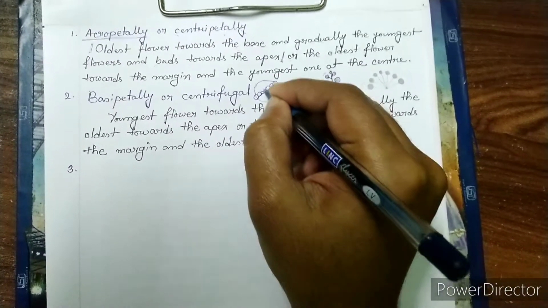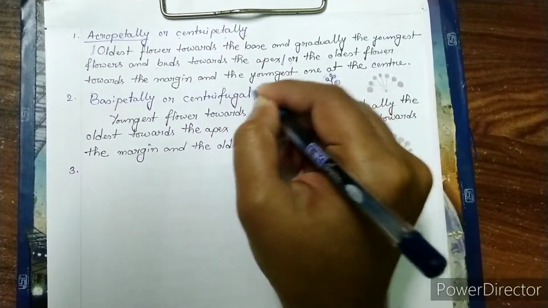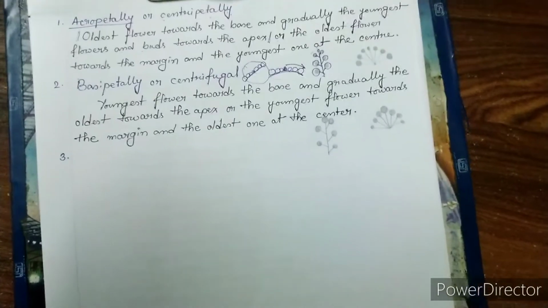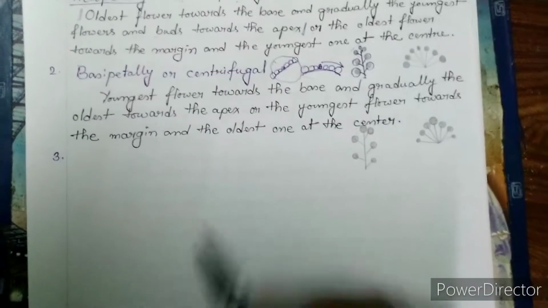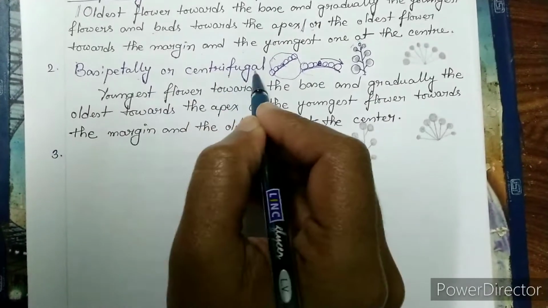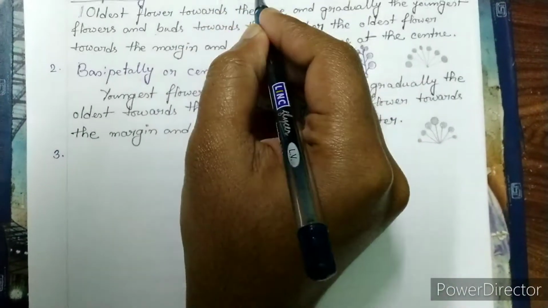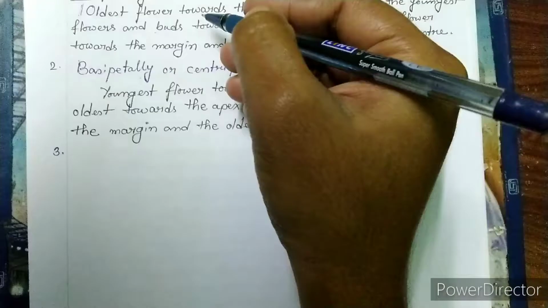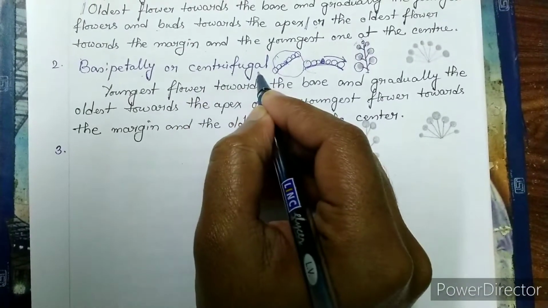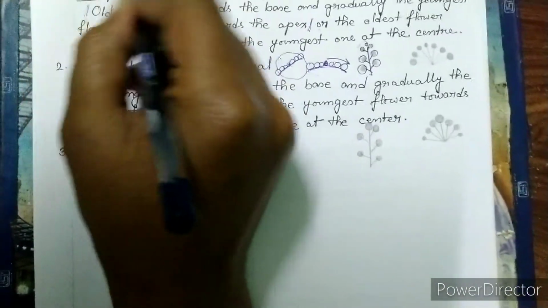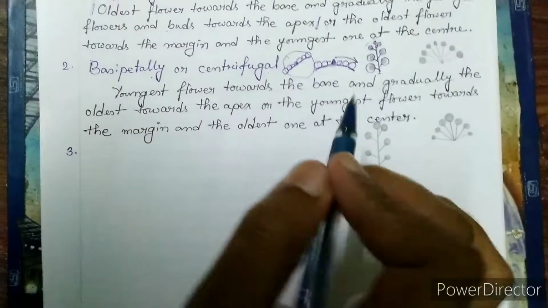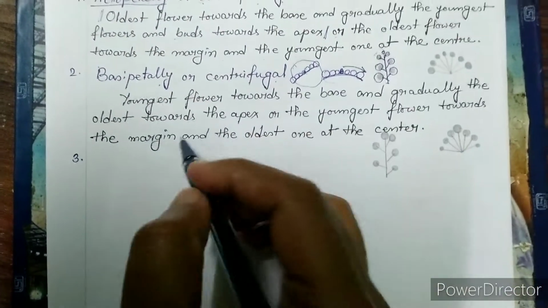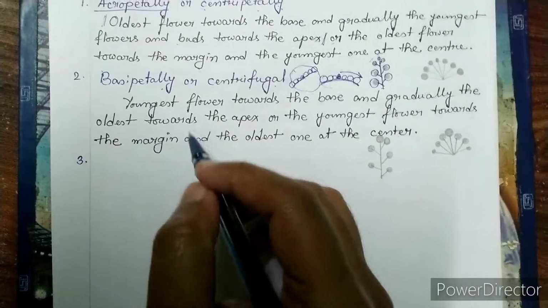And this also happens from this direction and this direction. Okay, I hope this is clear to you. Next, focus on basipetally or centrifugally. So this is centripetally, and the opposite word is centrifugally, and the same with acropetally, the opposite word is basipetally.